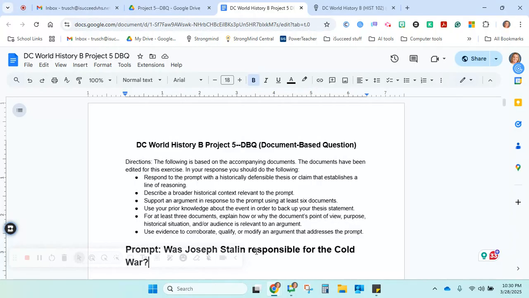Okay, so now you remember that as soon as World War II ended, the Cold War started. And a lot of that was because of the atomic bomb that was dropped on Japan, okay? But another part of that was definitely because of Joseph Stalin, who was in charge of Russia at the time.